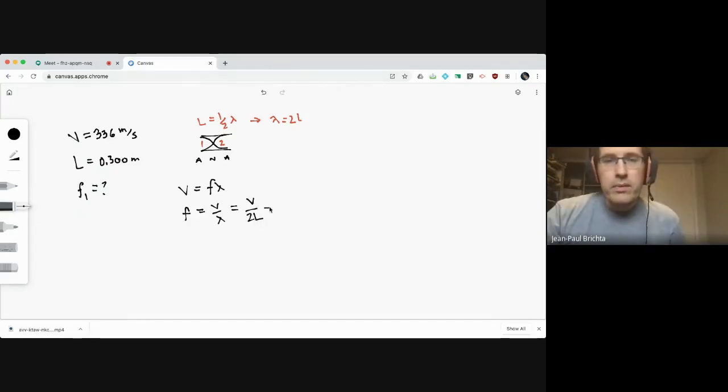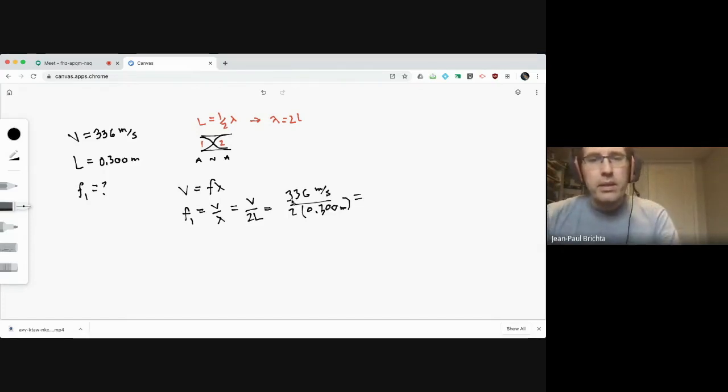So that's 336 meters per second divided by 2 times the length, which is 0.300 meters. Just like that. And if I put that into my calculator, this is F1, I will get a frequency of 560 hertz.